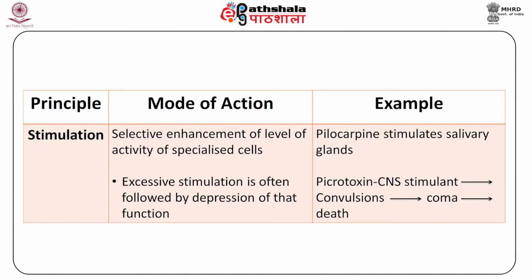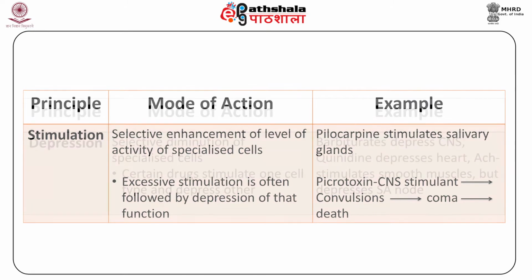Mode of action: selective enhancement of level of activity of specialized cells. Excessive stimulation is often followed by depression of that function. Example, pilocarpine stimulates salivary glands. Picrotoxin, a CNS stimulant, gives rise to convulsions, which ultimately give rise to coma and lead to death.